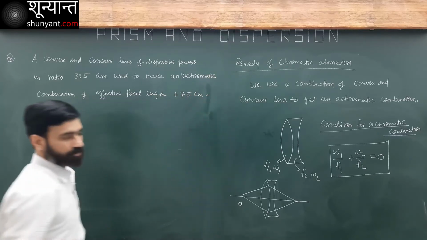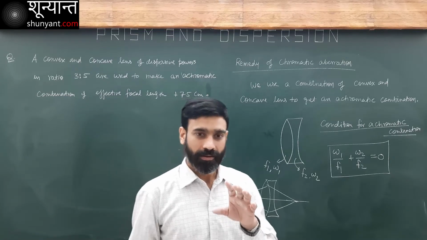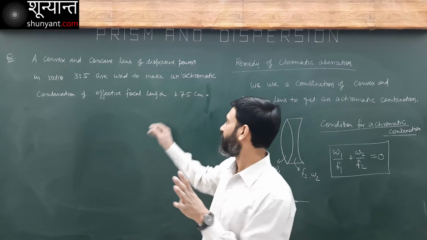So I want to have an achromatic lens of focal length 75 centimeter.